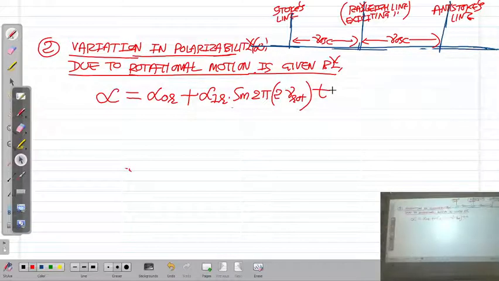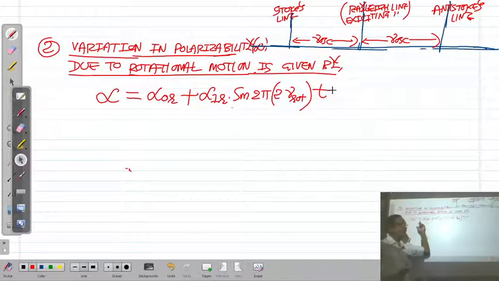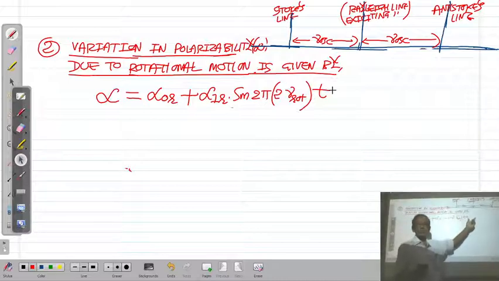So this equation gives the variation in the polarizability of the molecule due to rotational motion, defined by alpha is equal to alpha 0r plus alpha 1r sin 2 pi into 2 nu into t.